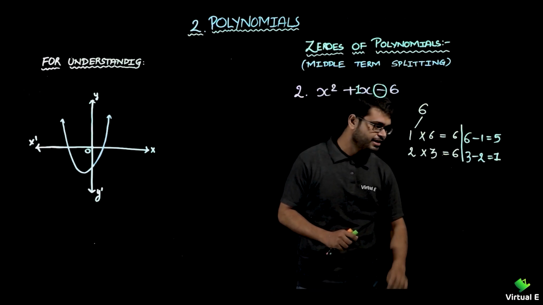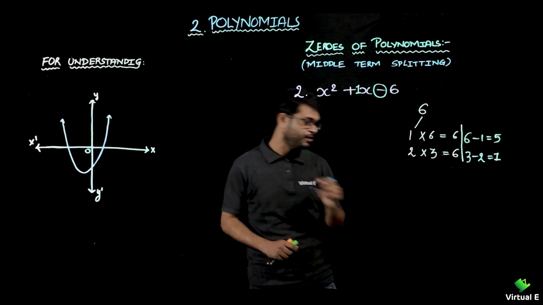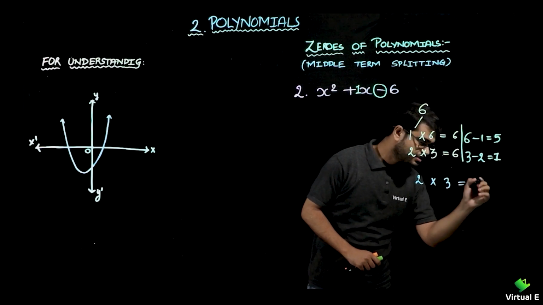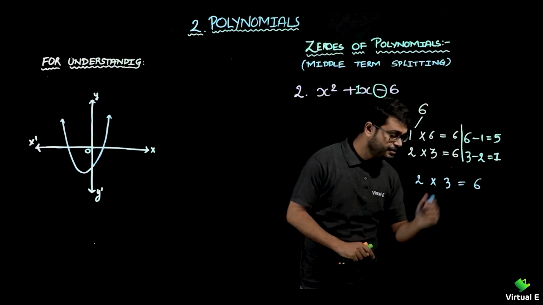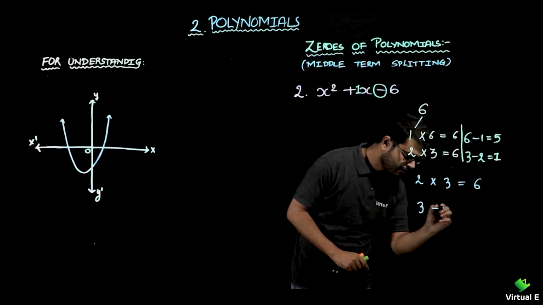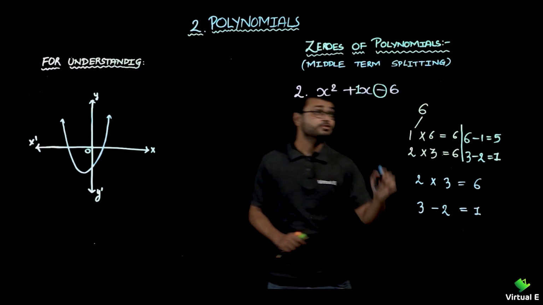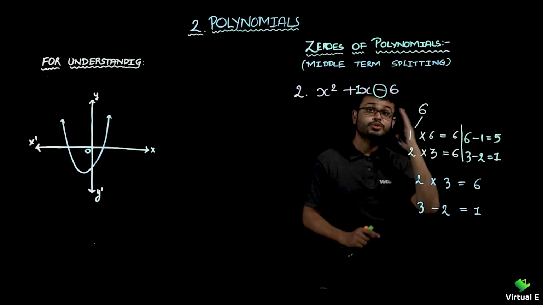Okay, so let me write finally here, now along with the signs. So 2 multiplied by 3 is equal to 6. I am still only going for values, and here 3 minus 2 is equal to what? Only 1. Now see, 1 should be positive, it is there. 6 should be negative.